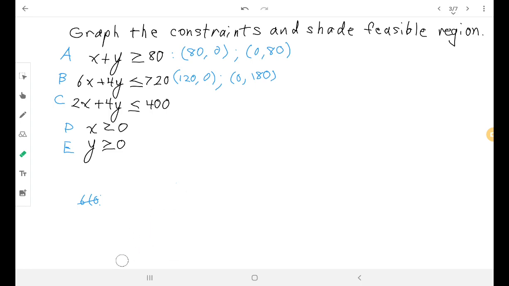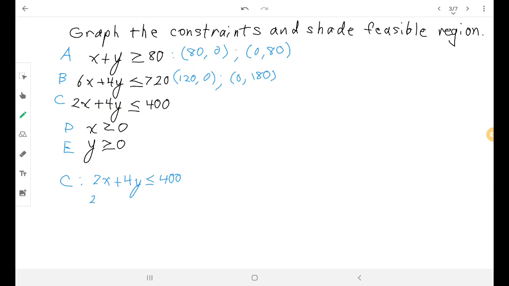Let's work on C. Be the last sort of difficult one to do. 2x plus 4y less than or equal to 400, and then we'll get the x-intercept.